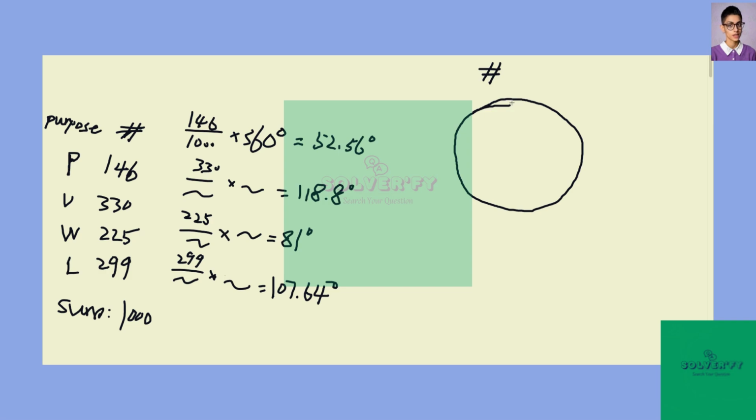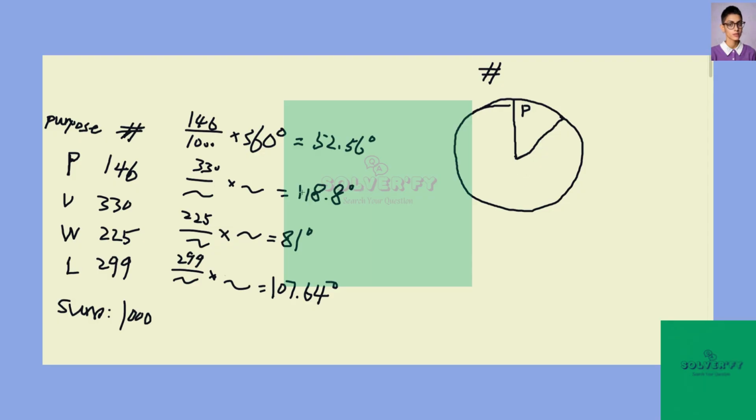It's slightly smaller than 60 degrees, so let's choose it to be here, but bigger than 45 degrees, right? Okay, so the first one, P.